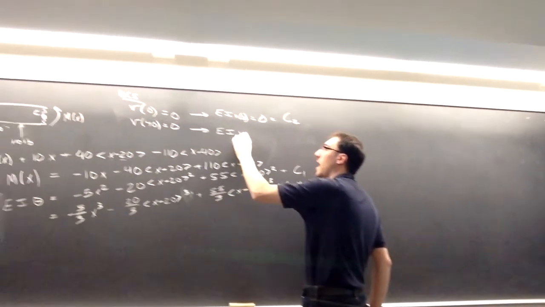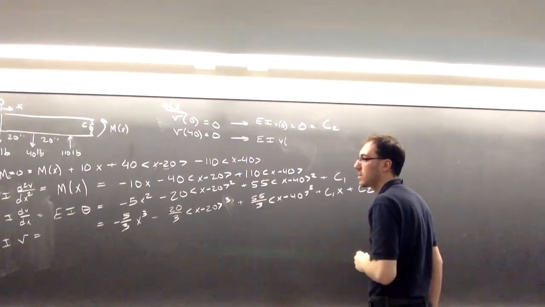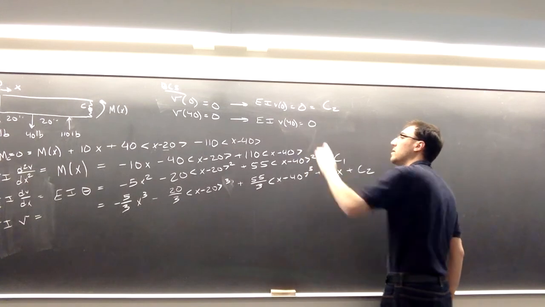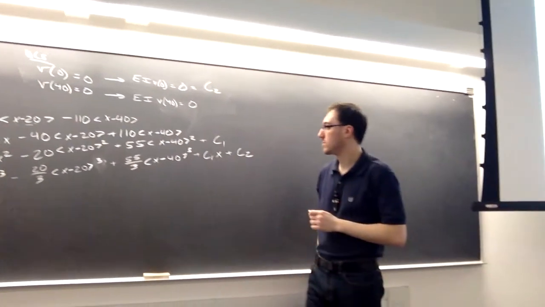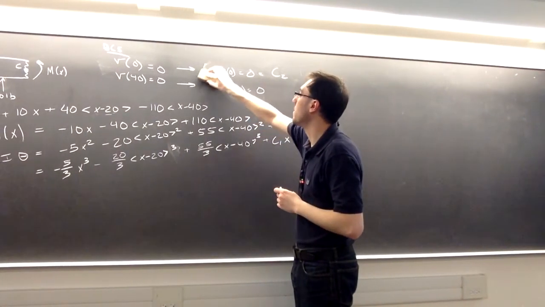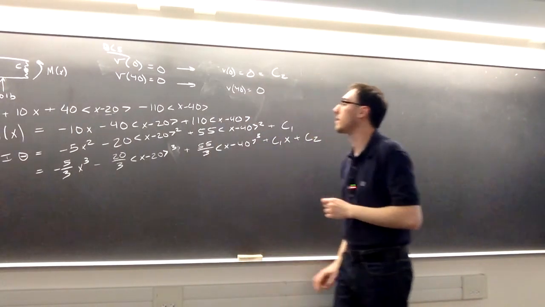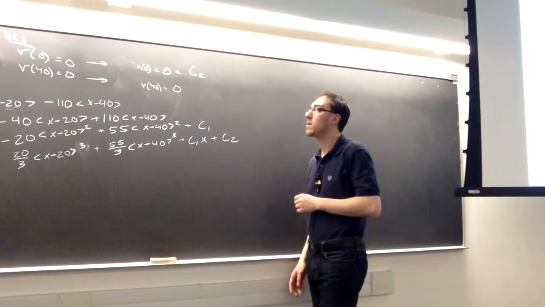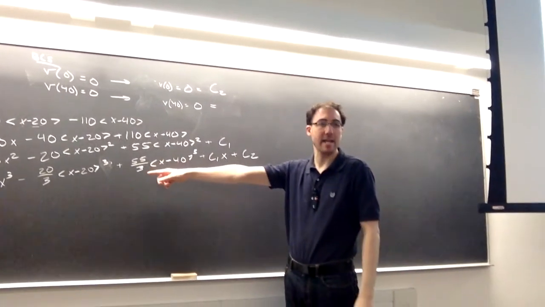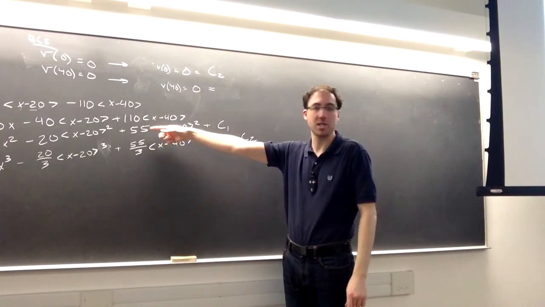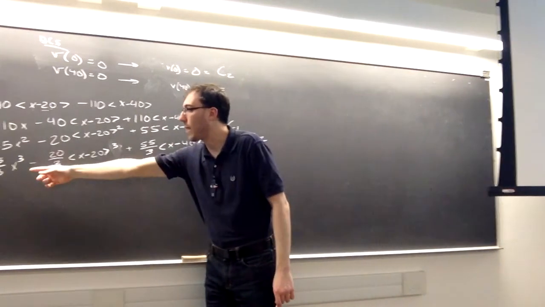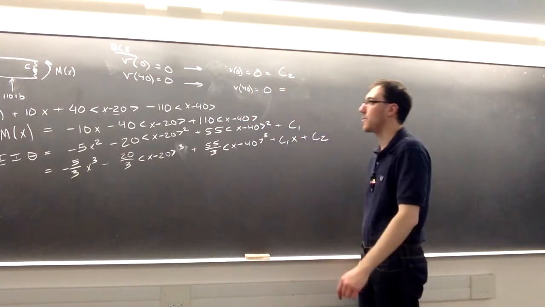And then here, EI times v of 40 is equal to 0. Or, it's really v of 40 is equal to 0. I'll come back to explain that in a second. So v of 40 is equal to 0. And we use the same equation again in this case. We're not using the slope equation up here, which sometimes we do, sometimes we don't. Same equation, but we're evaluating it at a different value of x.